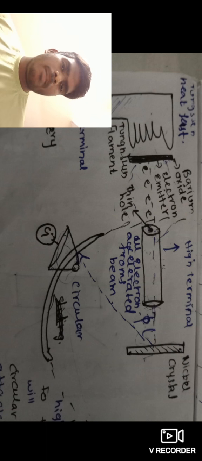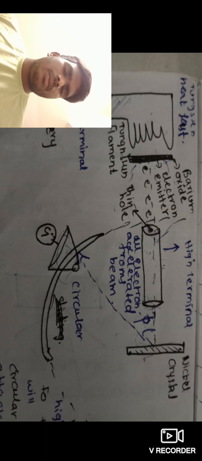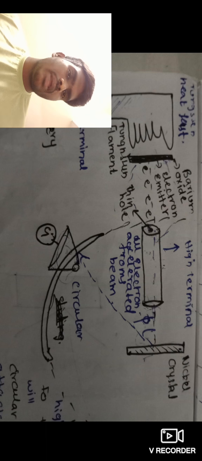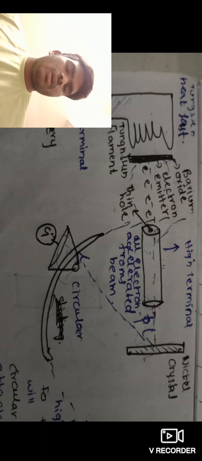I think you have understood this setup, but let me repeat once again. I put a tungsten filament and a low terminal battery which heats it very fast, and a barium oxide beside the tungsten, which is the electron emitter. We put a cylindrical shape like this, through which a beam passes, and gave it a high terminal battery.